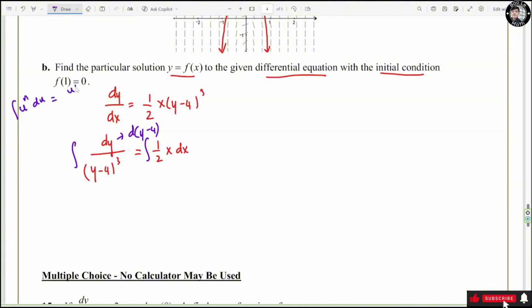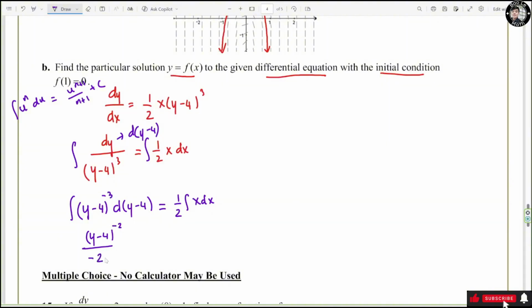It could be u to the n plus 1 over n plus 1 plus c, right? So this one right here can be written as, right? Now I can apply the power rule, right? So it could be y minus 4 raised to the negative 3 plus 1 is going to be negative 2 over negative 2, right? Equals 1/2 x squared over 2 plus c, right?